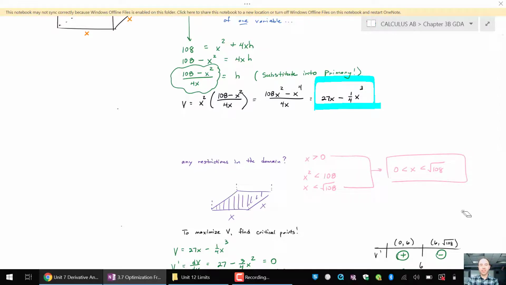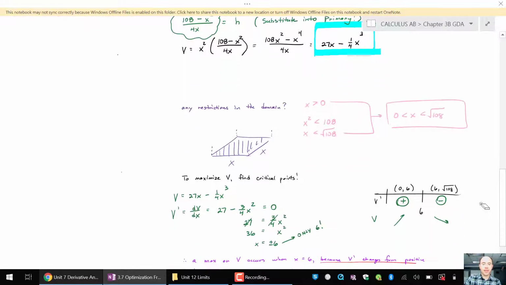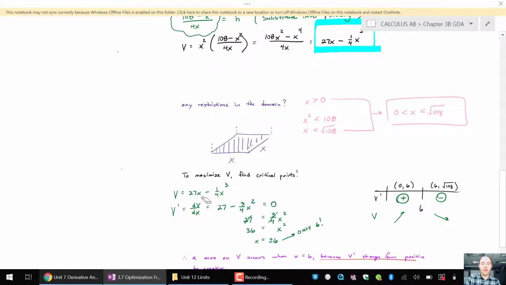All right, now we're looking to maximize this volume function. So in calculus, the way we do that is we find the derivative and set it equal to 0 to find critical points. Let's do that now. Find the derivative of v, or v prime, or dv/dx, and we'll get 27 minus 3/4 x squared, set that equal to 0, and solve to find your critical points.